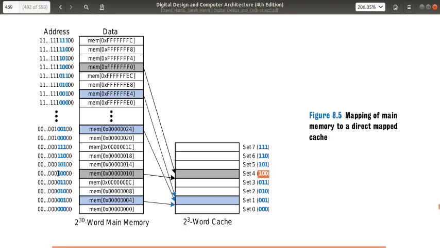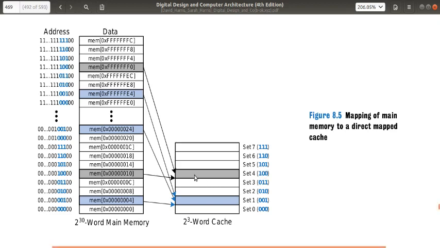And here again, for 100 we are putting it into set 100. Similarly for every block. So we are taking these 3 bits, that is the 3 LSB after the last 2 bits, and we are taking that word or block, and putting it into the set which has that particular number. Right, simple.